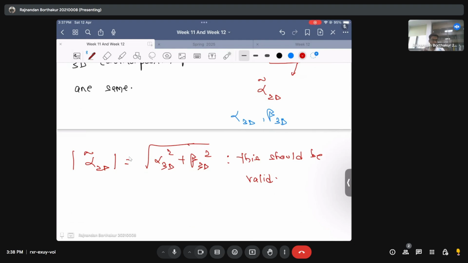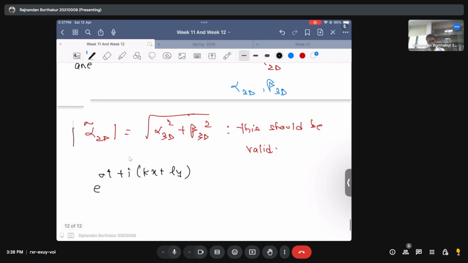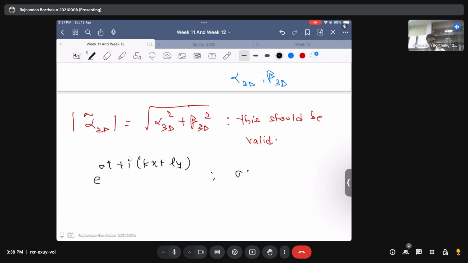And of course it makes sense. You know why? Because we wrote the perturbations as e power sigma t plus i times (kx plus ly). Then we said sigma is minus i times alpha times c, and my k was alpha and my l was beta.